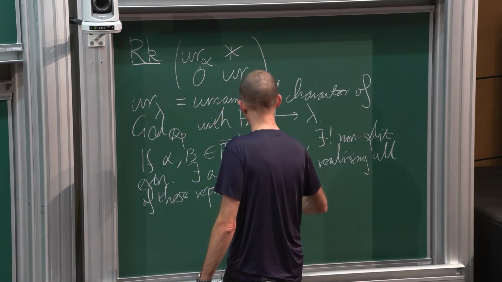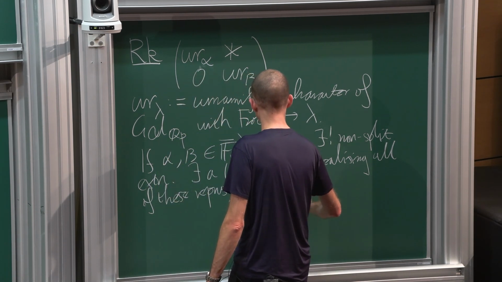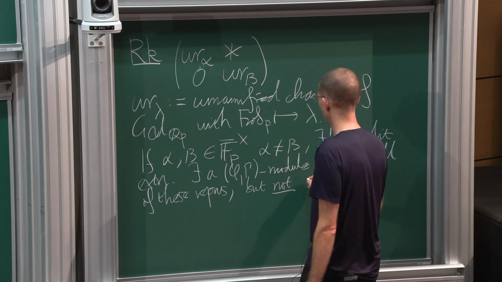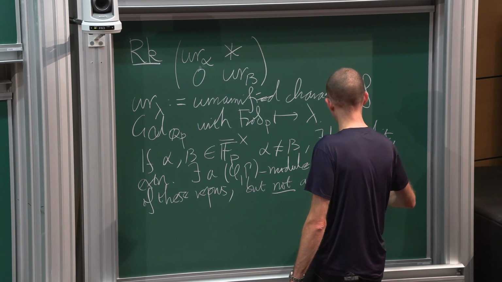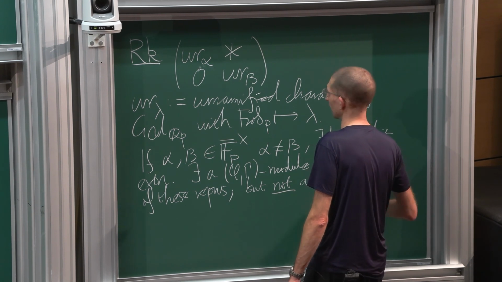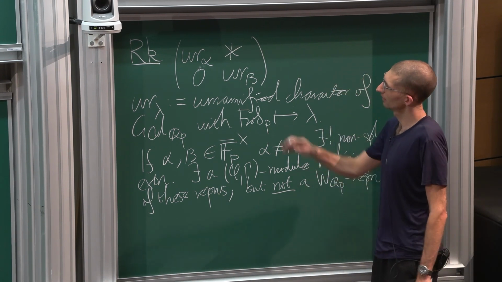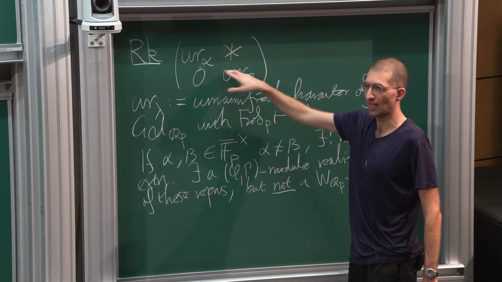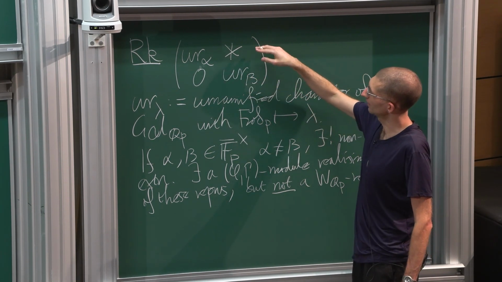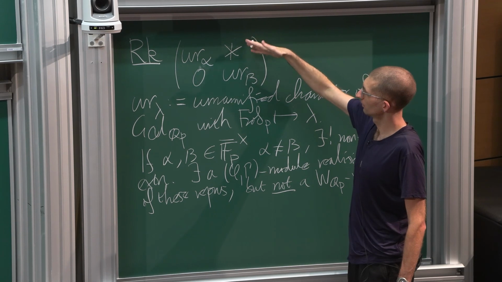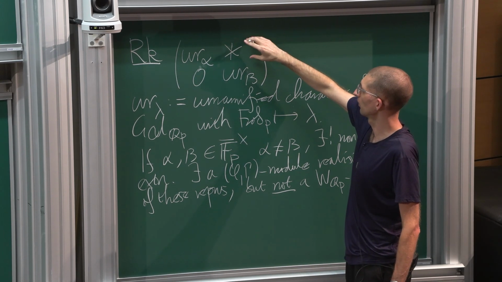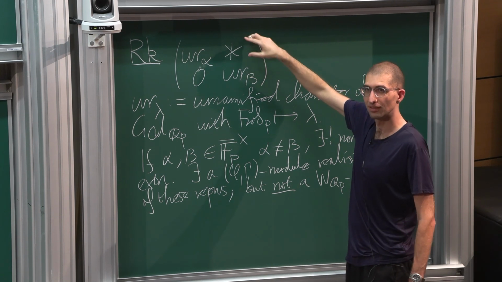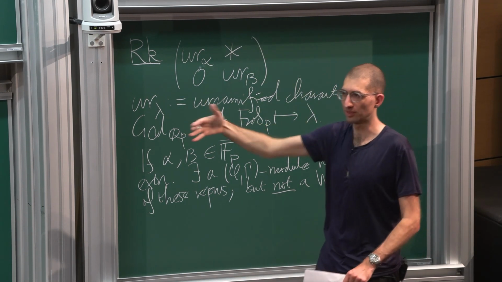But there does not exist a reasonable representation of the Weil group doing this, some universal representation. And the basic issue is that if you allow alpha and beta to vary completely, then the subgroup of the wild inertia that's cut out by the inertia up here is not some open subgroup.